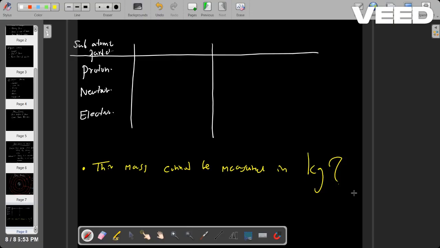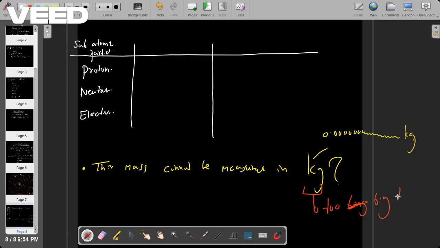It will be a very little value, like 0.00000000000 kilograms. It doesn't make any sense, right? This unit is too big to measure the mass of this.